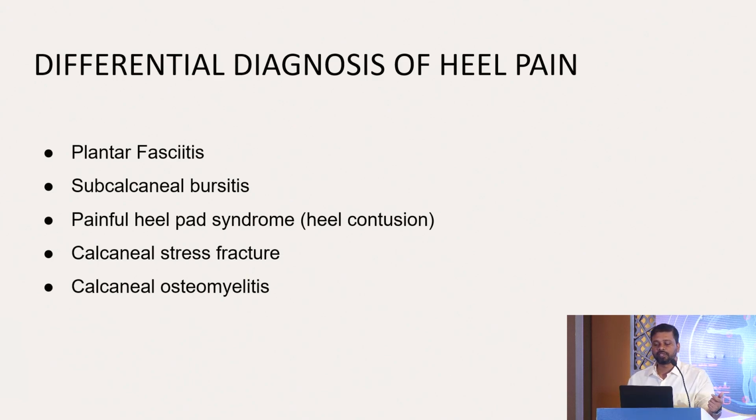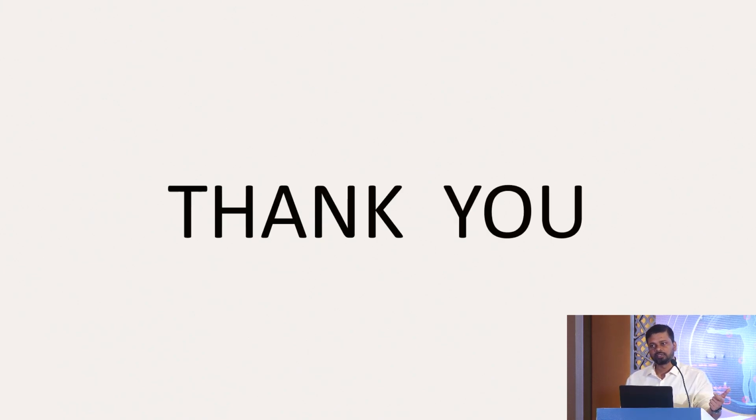Differential diagnosis for heel pain: plantar fasciitis, subcalcaneal bursitis, painful heel pad syndrome, that is heel contusion, post-injury or post-injection, calcaneal stress fracture or calcaneal osteomyelitis. So there is a long list of different types of clinical conditions we can think of as per the surface area. Okay, thank you.